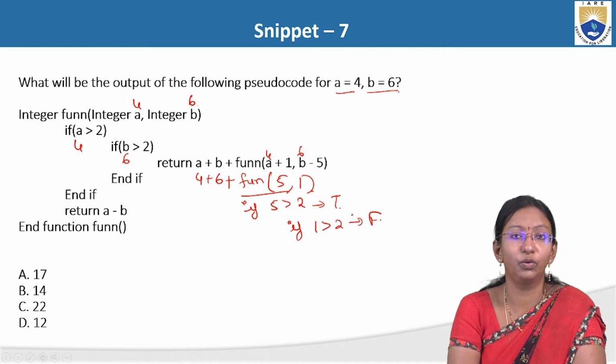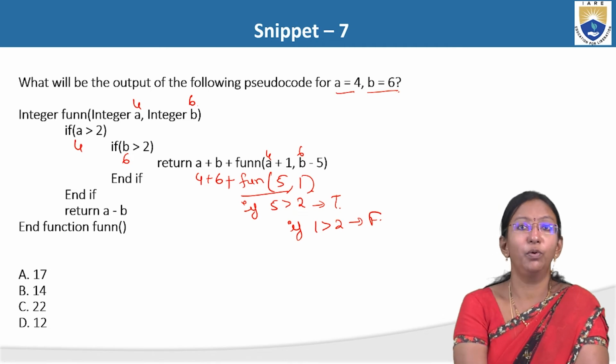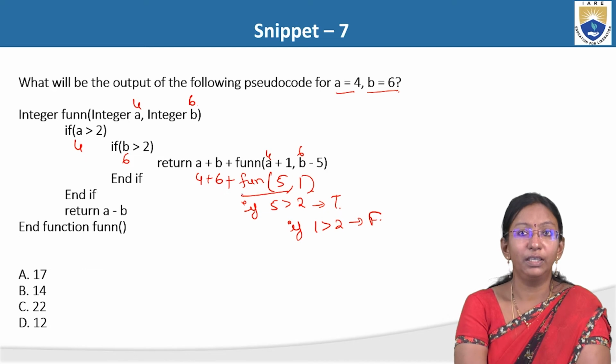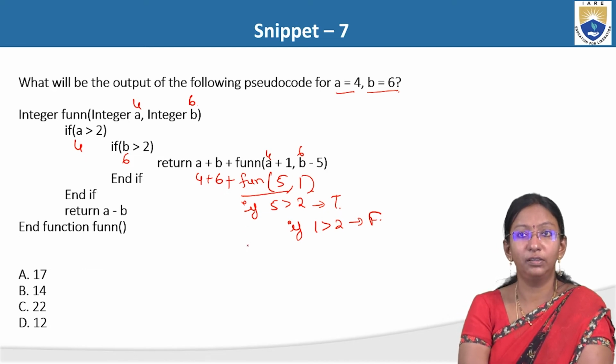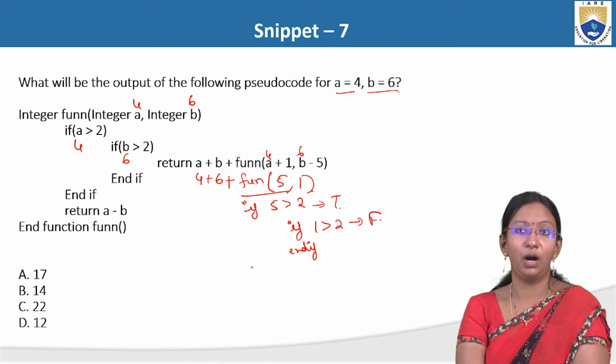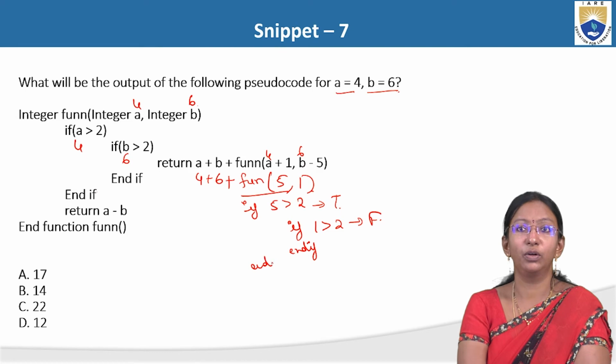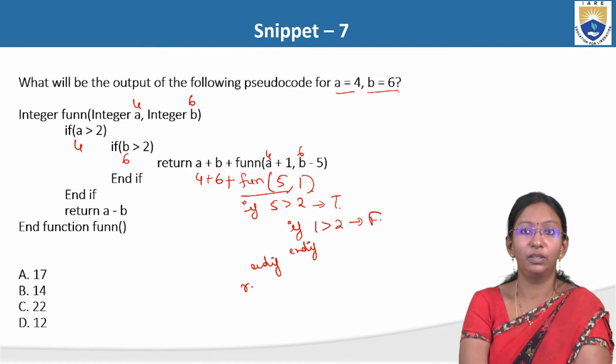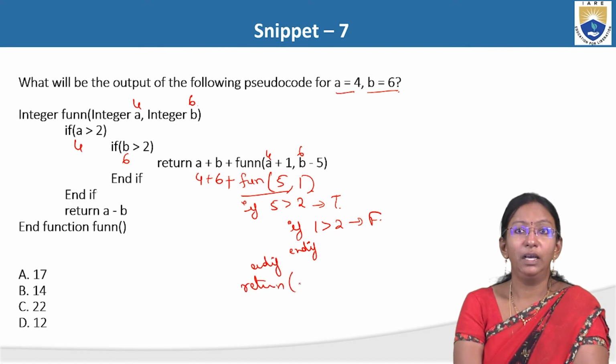So the body is not going to get executed. Where is the control going to go? It is going to go to the end of this inner end if. As there is no other statement in the outer if, it is going to enter end if, and it is going to return A minus B.